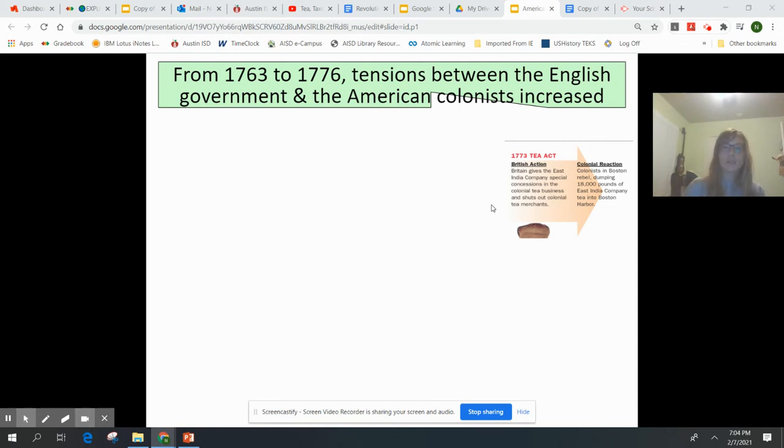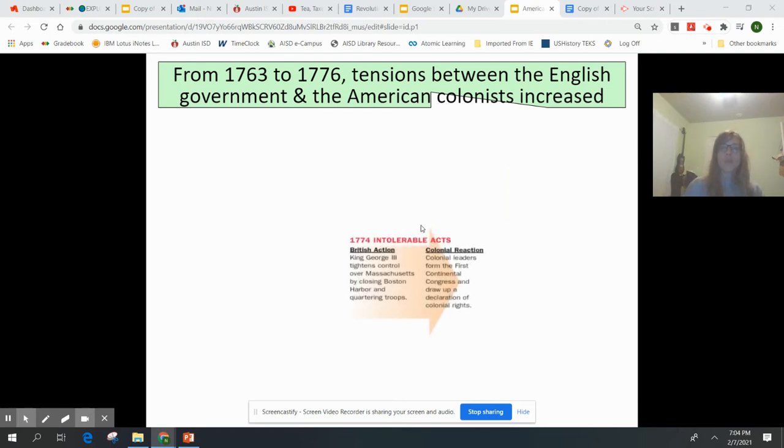The Tea Act. So the British basically give a monopoly to the East India Tea Company. And so the colonists are upset because that's restricting their free trade. And then the British are going to also pass what are called the Intolerable Acts, because the colonists cannot tolerate them.